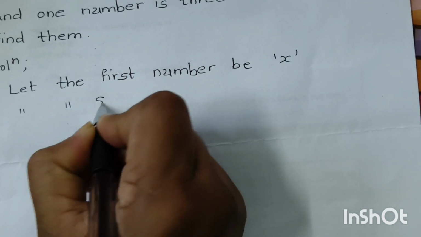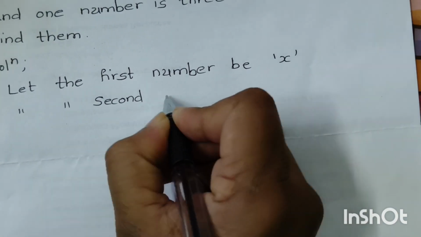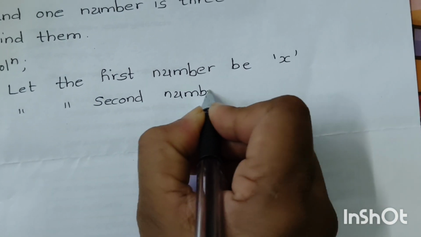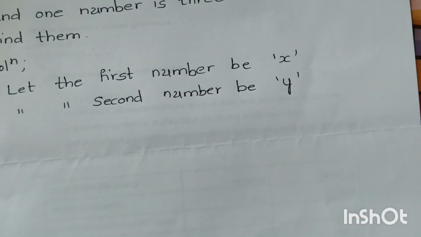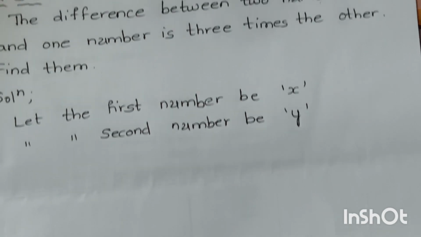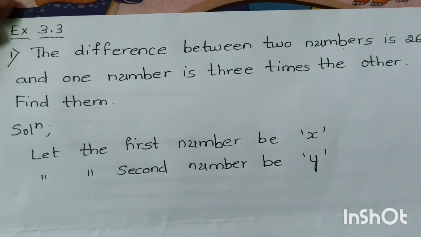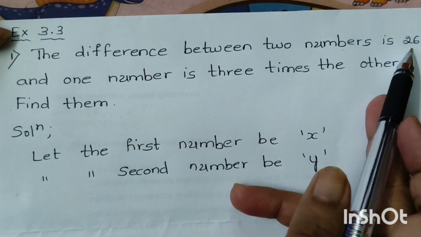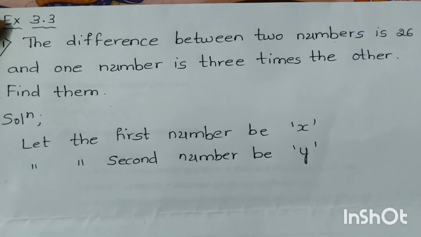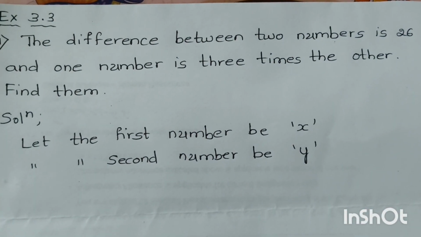Let the second number be y, since we don't know the second number also. Now let us read the first sentence of the question. The difference between two numbers is 26. Difference means what? When we subtract, we will get 26.